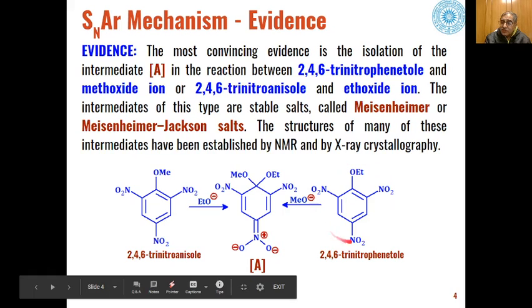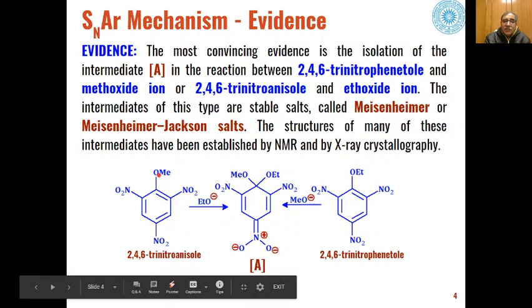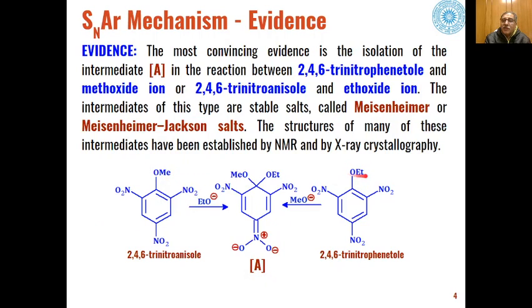Similarly, if we start with 2,4,6-trinitrophenetole, you can see over here the only difference between this substrate and the previous substrate is that here we have methoxy and here we have ethoxy. So when we react this ethoxy substrate with methoxide base, the same product will be formed.